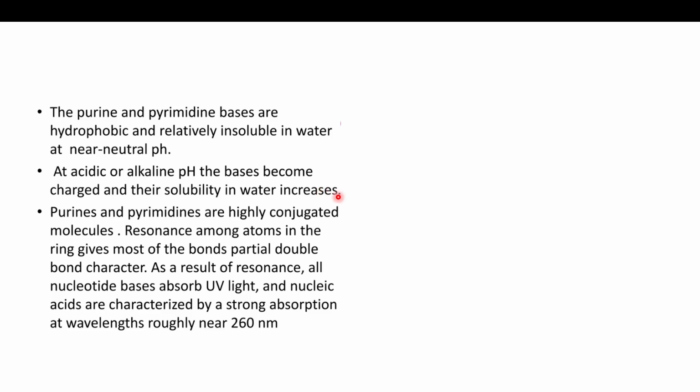So, depending on the polarity of the surrounding medium, the overall net charge on the bases, whether the 9-membered ring of purine or 6-membered ring pyrimidine bases, varies, and purines and pyrimidines are highly conjugated molecules.